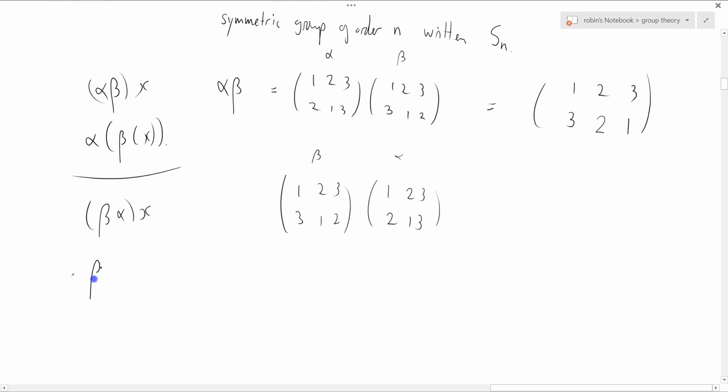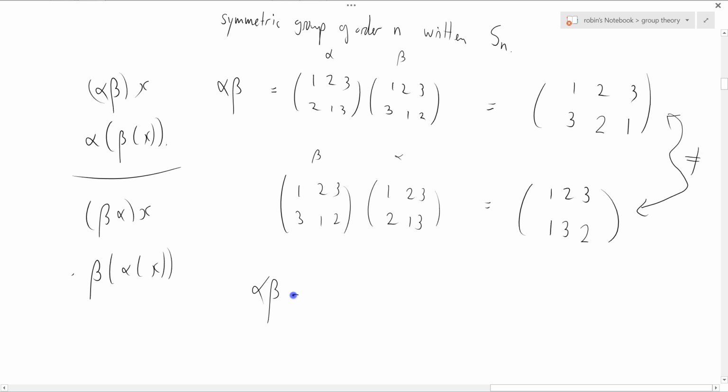So that's equal to beta of alpha of x. So we start with 1, 2, 3, those are the elements of the set. 1 goes to 2, 2 goes to 1. 2 goes to 1 and 1 goes to 3, 3 goes to 3 and 3 goes back to 2 again. So they're not the same. They are not the same.